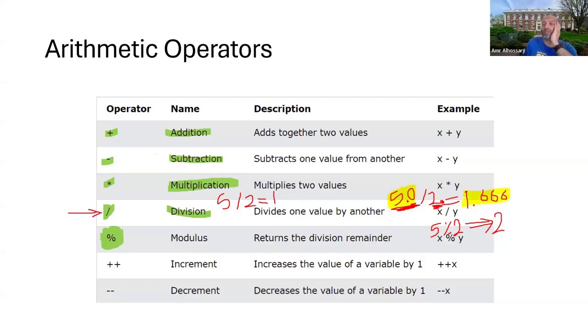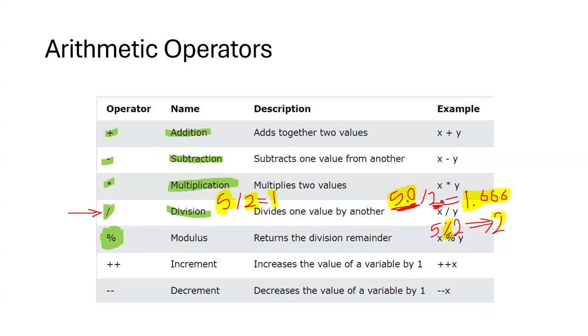But when both operands are integers, 5 as an integer and 2 as an integer, the result will be an integer, and the remainder can be retrieved using the modulus operator. Okay? So far so good?